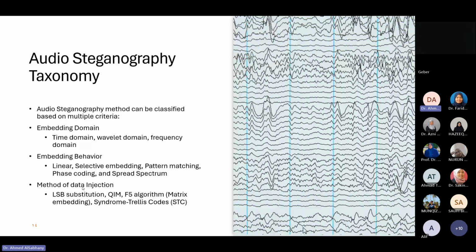And finally, we have the syndrome trellis codes, or the STC. The STC came up in 2013, I believe, and since then it was the go-to method in many of the advanced methods in audio steganography. So we are trying to even lower the ratio between the message and the cover signal.